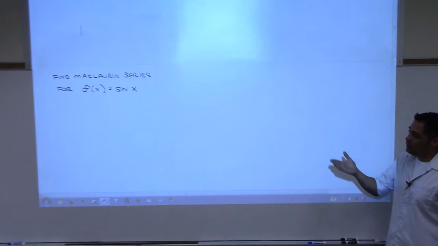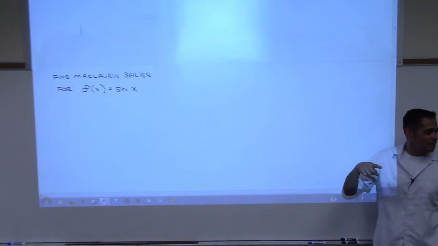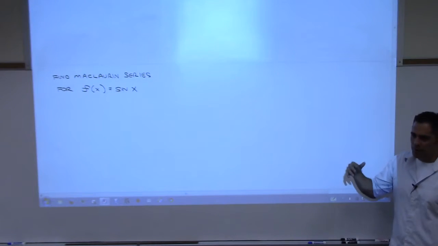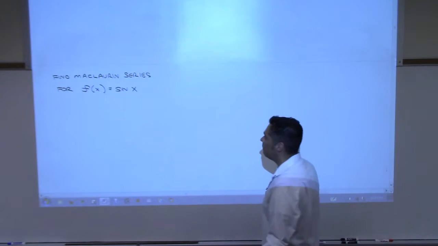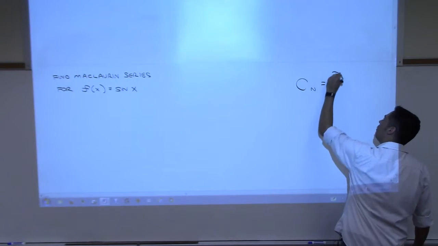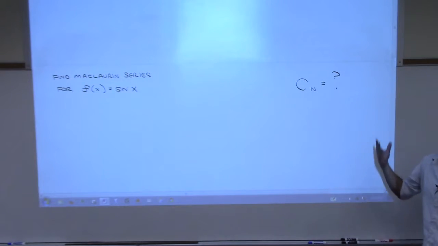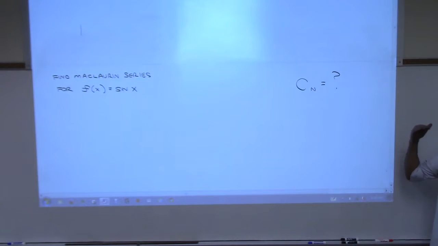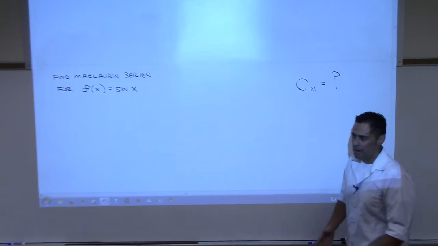And I actually am looking forward to that because I know sine just keeps on oscillating back and forth between things. So I'm not too intimidated by this. So my goal right now is to try and figure out what those c sub n's look like, right? So I'm just going to start taking derivatives and then plugging in what to those derivatives? 0. Why 0? Because it's a Maclaurin series. So I'm always going to plug 0 into it, right?